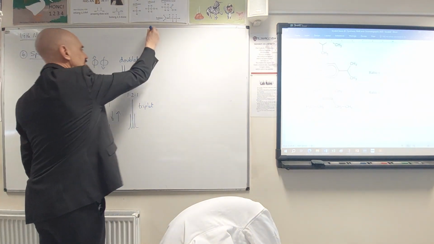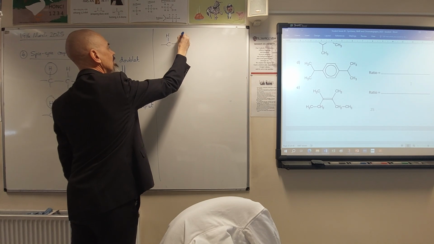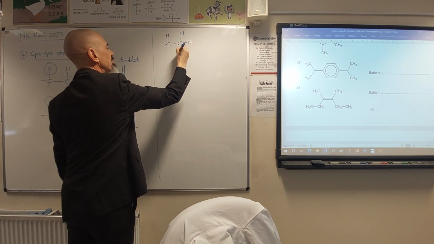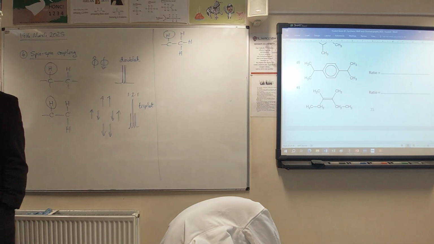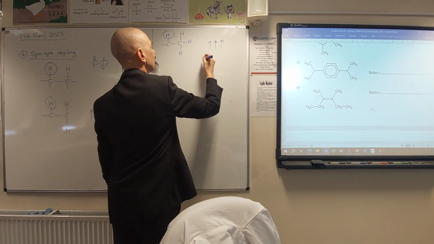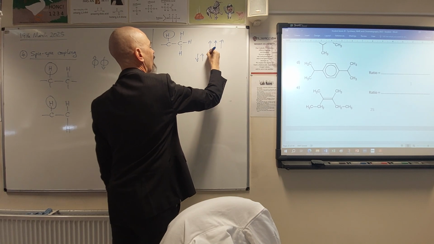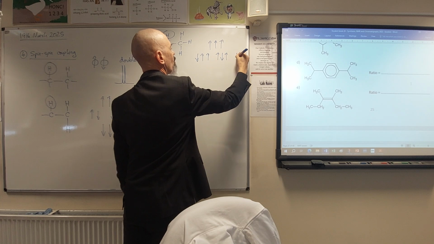Of course, it's quite possible that our hydrogen could be next to three other hydrogens, in which case they could be up, up, up, they could be down, up, up, and there's three ways of organizing that.